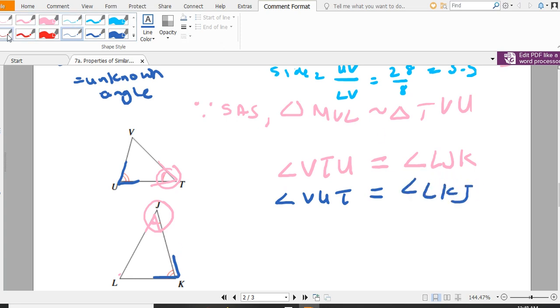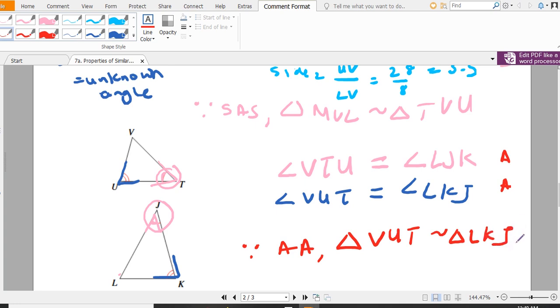So in this case, all we need to do is verify. Because of angle, angle, triangle VUT will be similar to triangle LKJ.